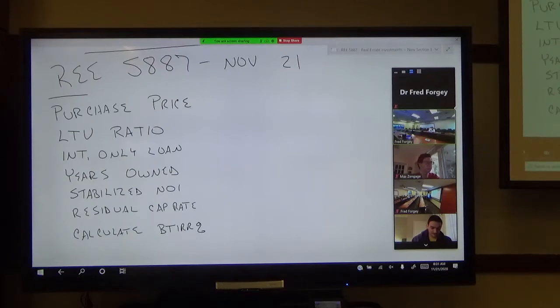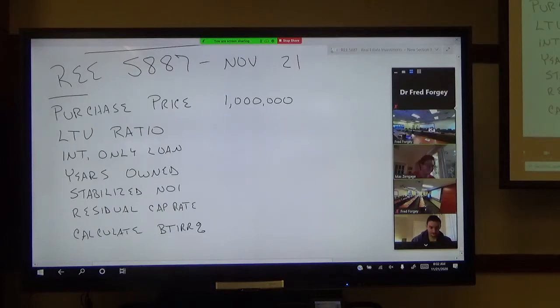So let's just start out. Purchase price for a property, give me a dollar amount. $1 million. Let me write down $1 million. All right. Loan to value ratio?